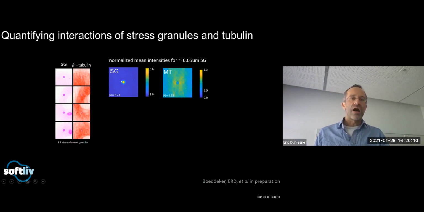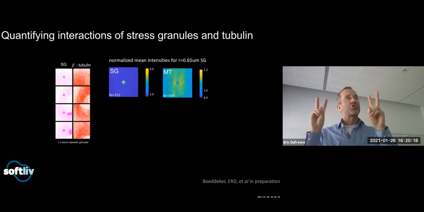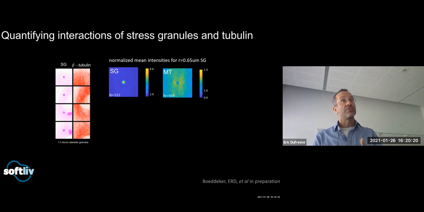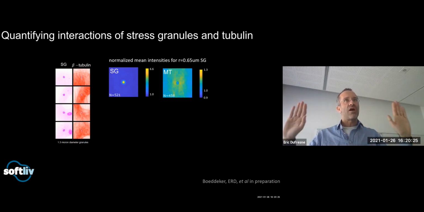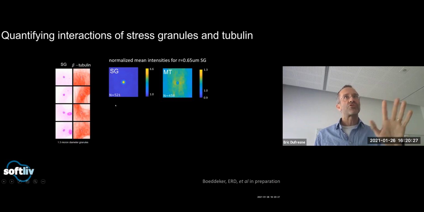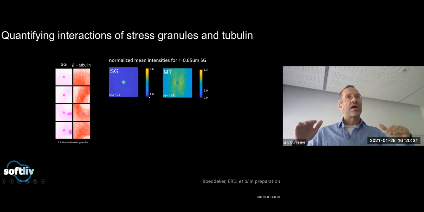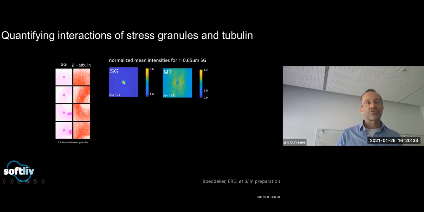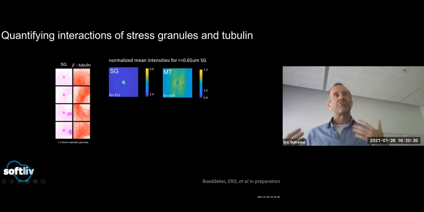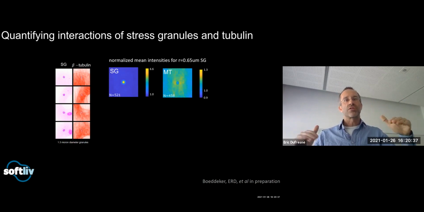On the SG image on the left with n=521, that's showing us the average intensity of the stress granule channel in the microscope, of the label, normalized to the intensity in the cell on average. So this is an average over 521 stress granules. Intensity 1 is the average inside of the cell. So you can see inside of the stress granule, that protein is enriched by roughly a factor of 7 compared to the rest of the cell.